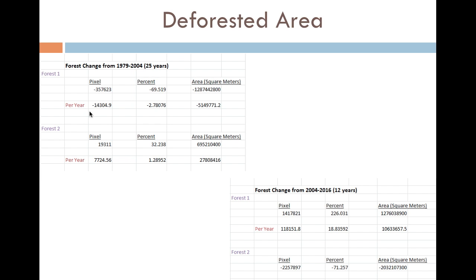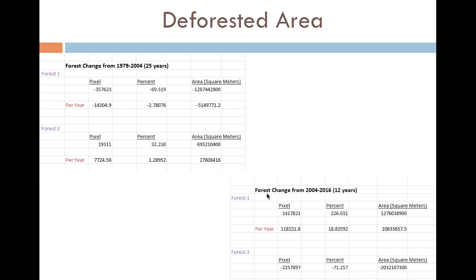So through my calculations, there's a 2% decrease per year within this time frame for Forest 1, and for Forest 2, there's a 1% increase per year. That also goes with what I had mentioned in my change detection maps. The lighter green area grew bigger as the darker green vanished due to the pasture clearings.